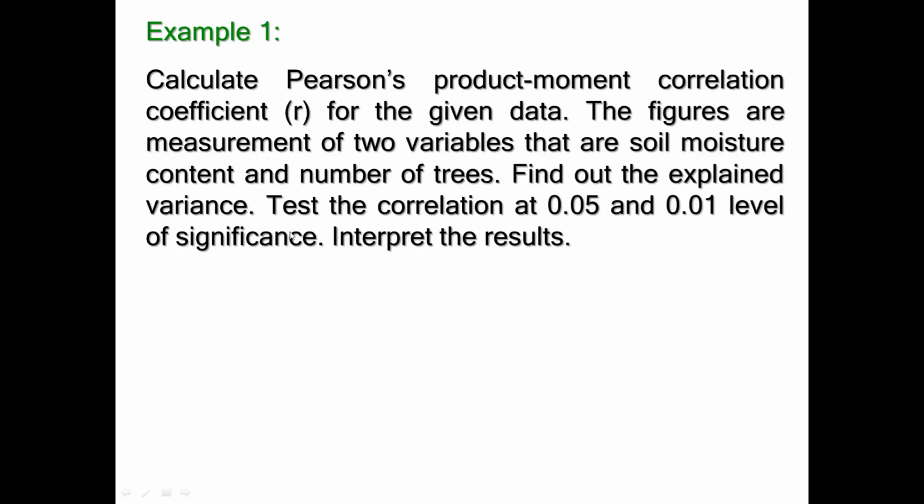Find out the explained variance. Test the correlation at 0.05 and 0.01 level of significance and interpret the results. So let's see in what way the calculations are carried out.